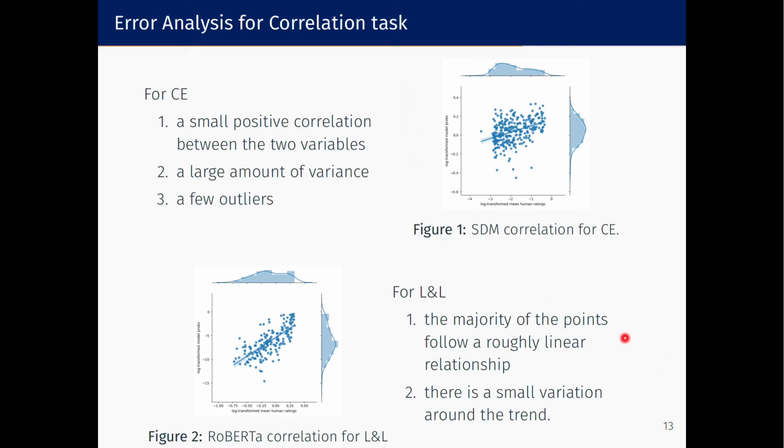As you can see, SDM performance produces a large amount of variance, and there are quite a few outliers. While for the results of Roberta on the Lapata and Lascarides dataset, the majority of points follow a roughly linear relationship, and there is a small variation around the trend.